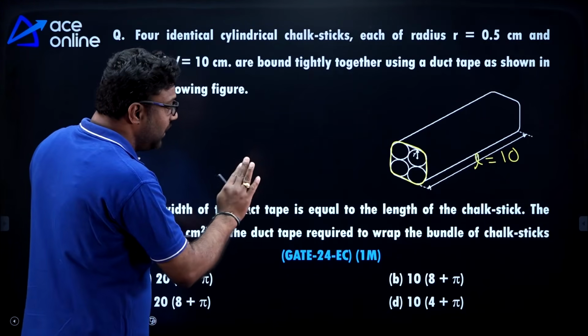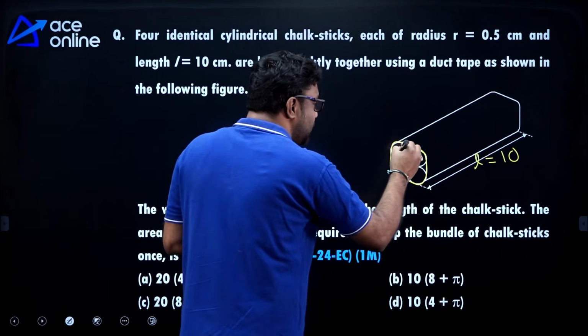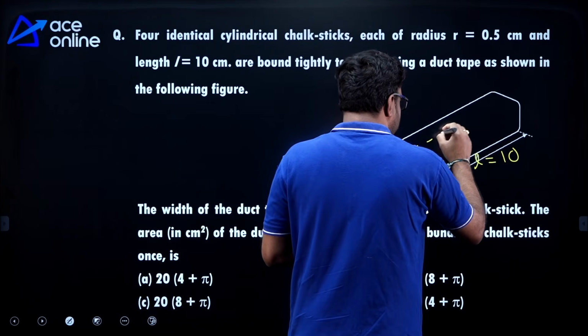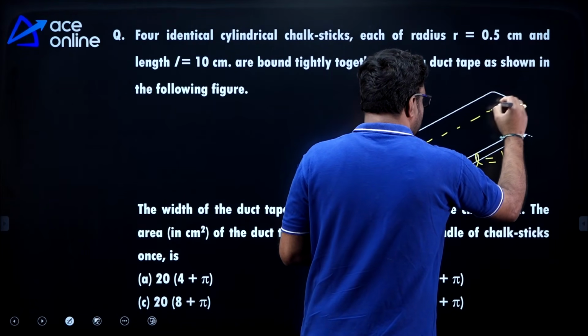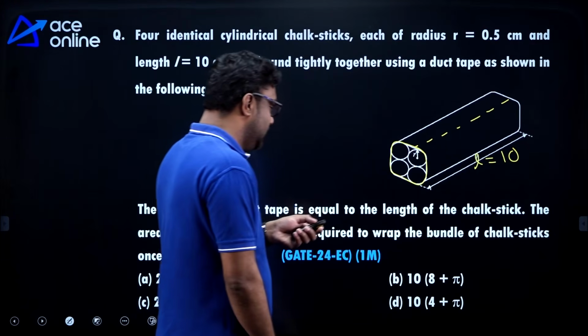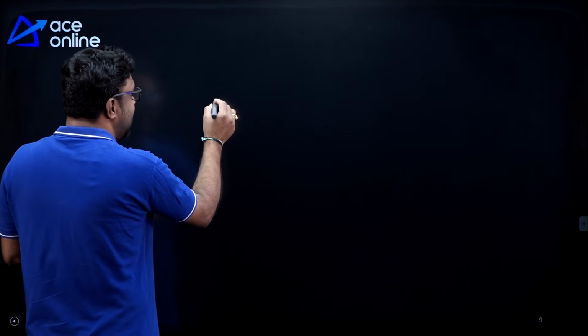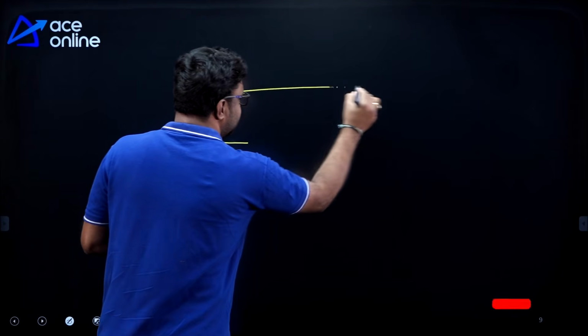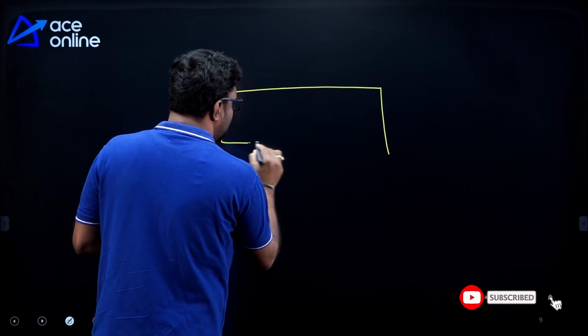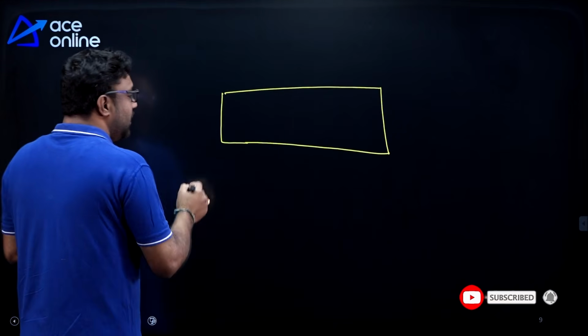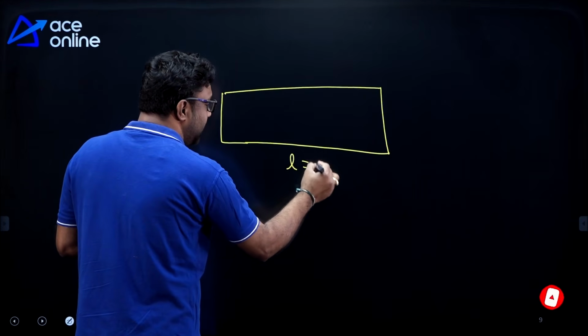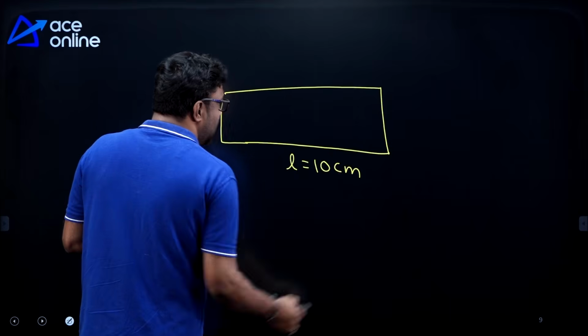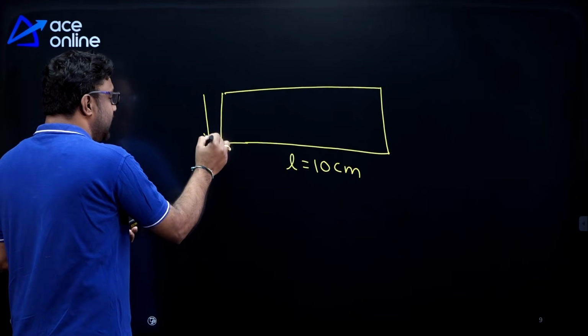Now suppose you cut that paper here, let's say with a scissor, you cut the tape, then it's a rectangular shape. Here length is equal to 10 centimeters. Now this one we need to calculate: the breadth.